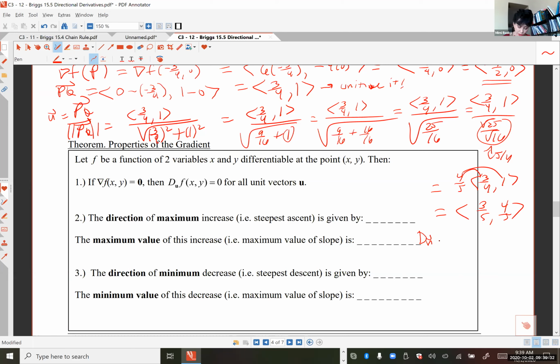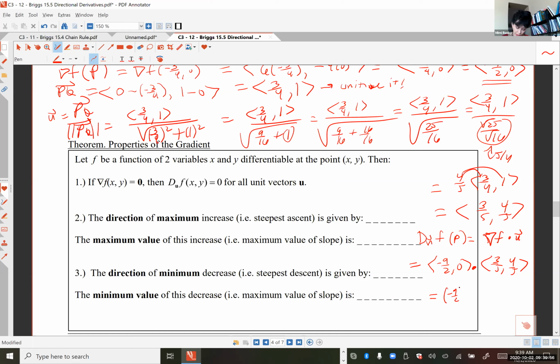And now I can finish the problem. My directional derivative of f at the point P is going to be the dot product of the gradient with the unit vector. So for me, that's the vector negative 9/2, 0, dot product with the vector 3/5, 4/5. And you guys know how to find the dot product.